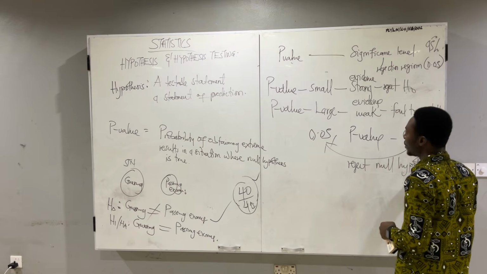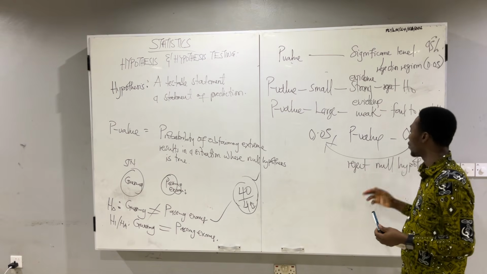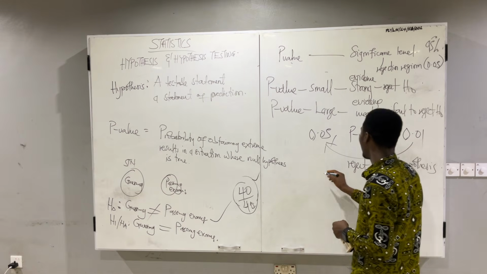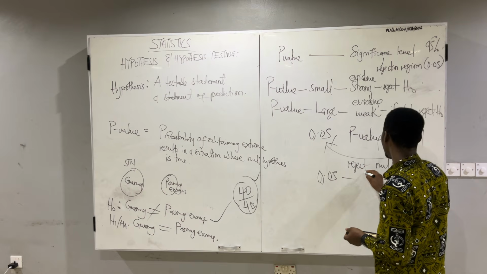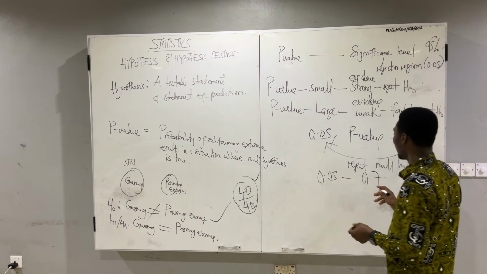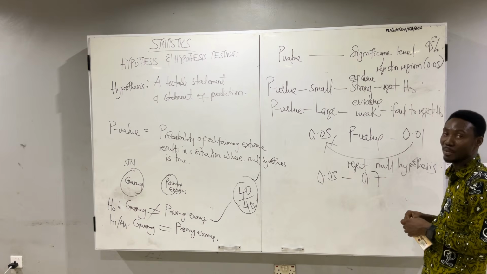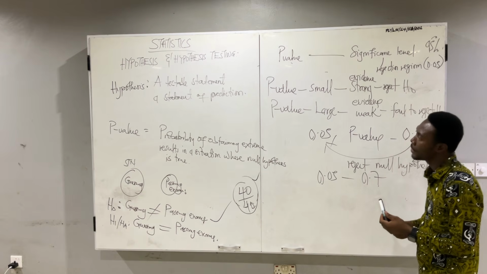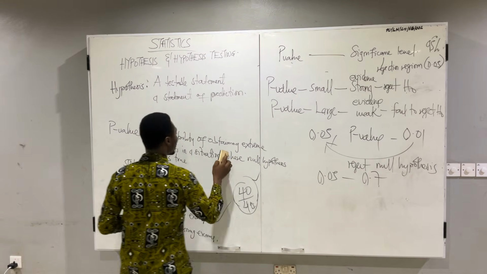And in such a situation, you go with the alternative hypothesis, meaning the evidence is strong. But in a situation where the significance is 0.05 and your p-value is, let's say, 0.7, you see, this one is bigger than this. In such a situation, you fail to reject the null hypothesis, meaning there is no relationship.